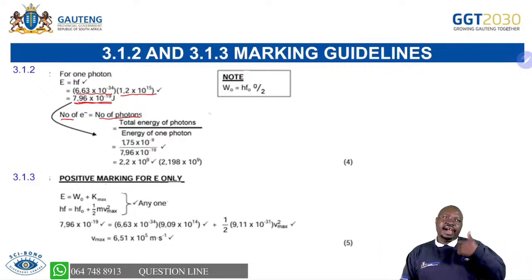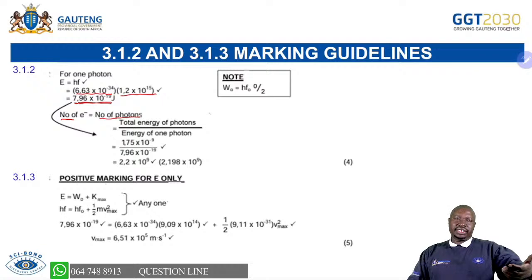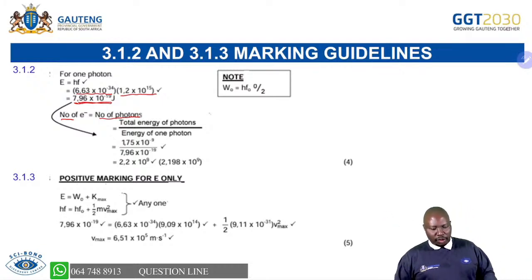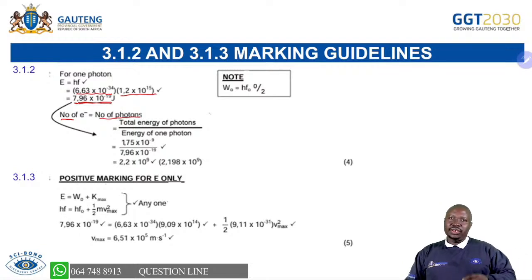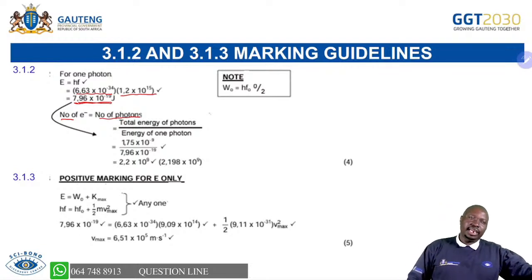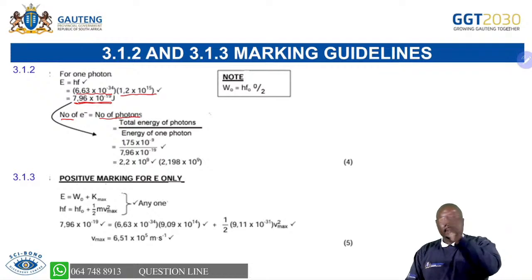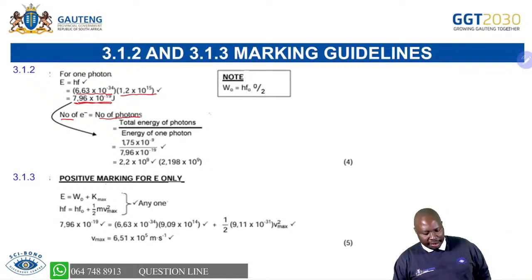So if you want the number of electrons that are ejected, it's as simple as finding the number of photons, because when you know the number of photons, that is equivalent to the number of electrons, because one electron is removed by one photon.